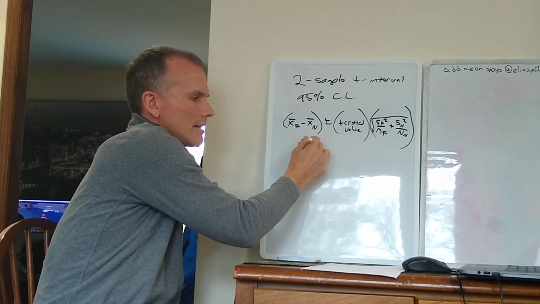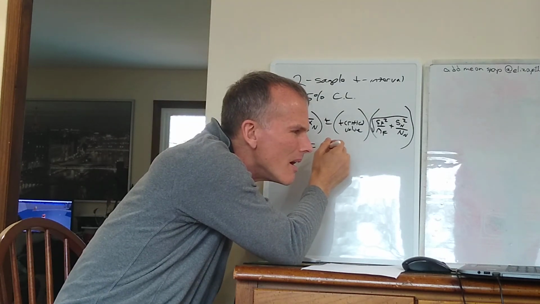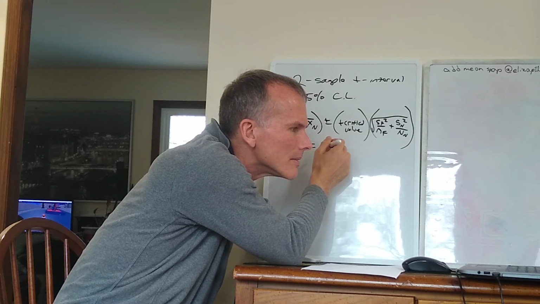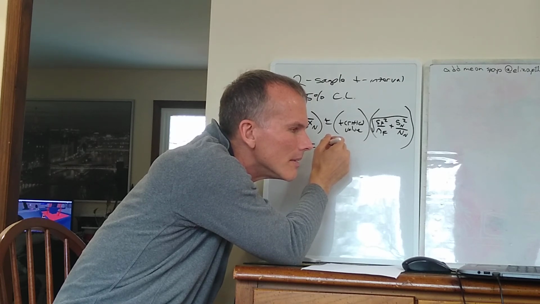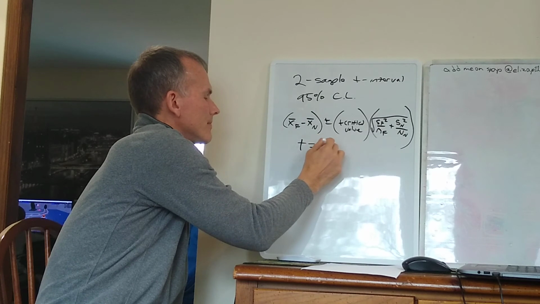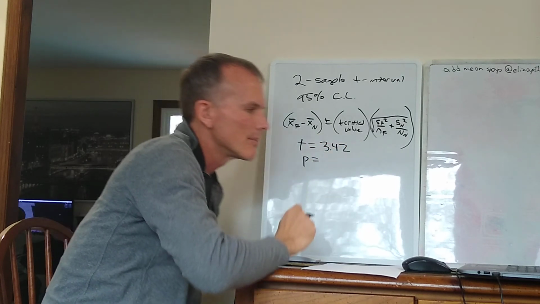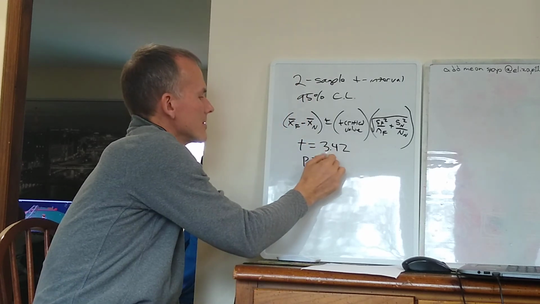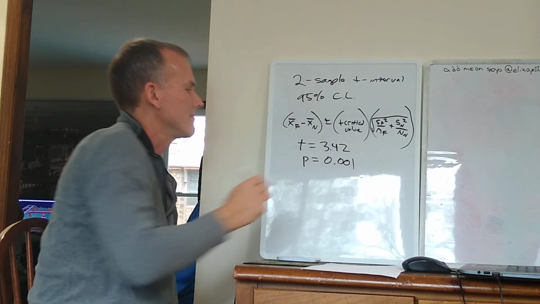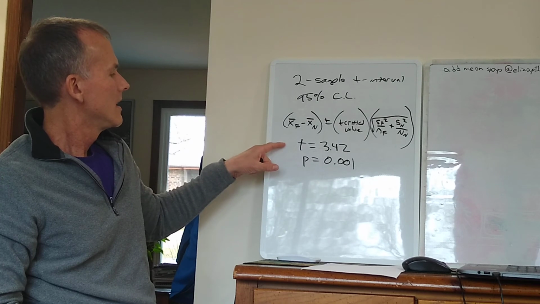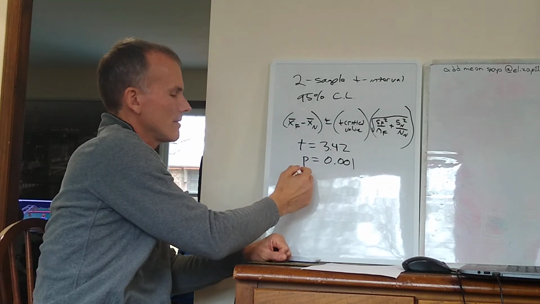Okay. So this is what the result is. So t is 3.42, which makes the p value 0.001. Okay, which makes our confidence interval.